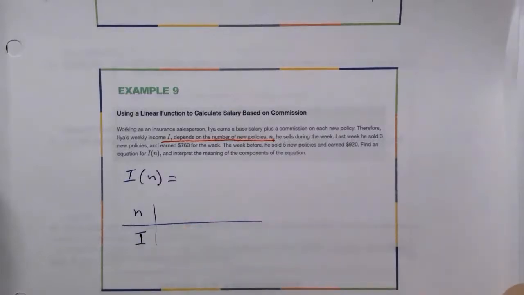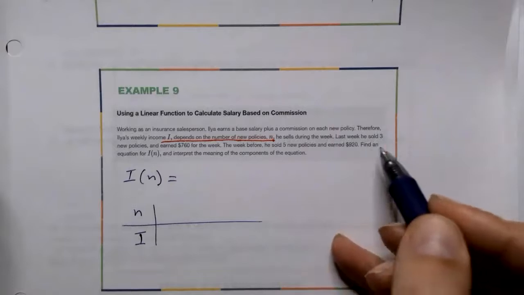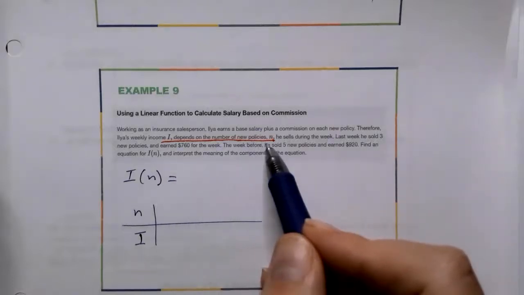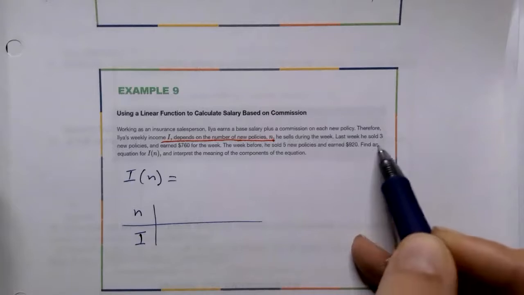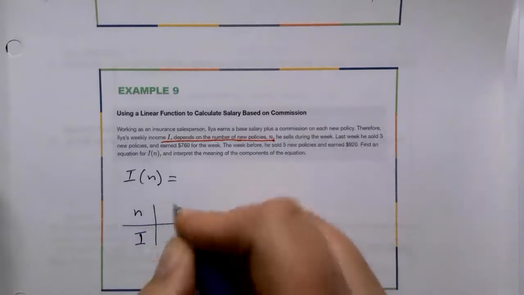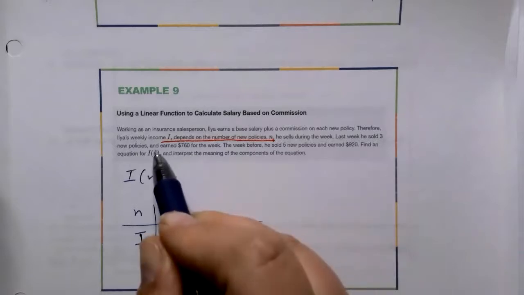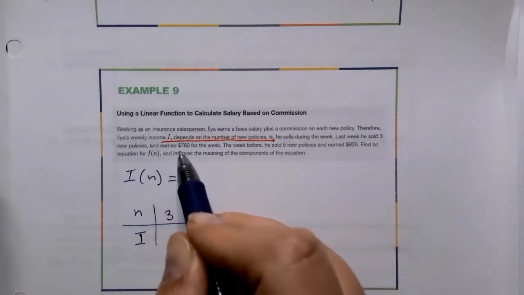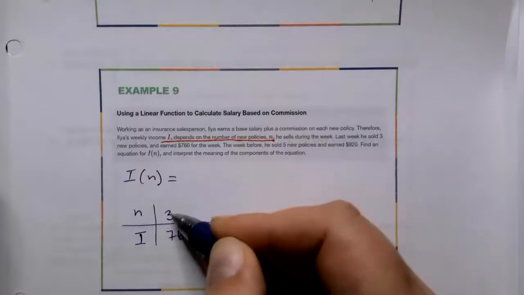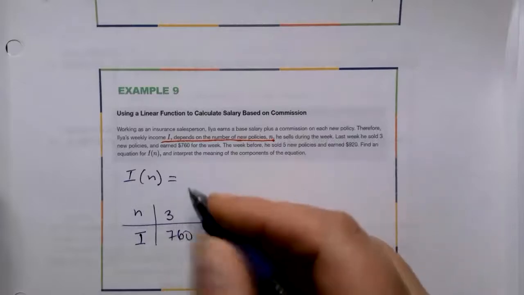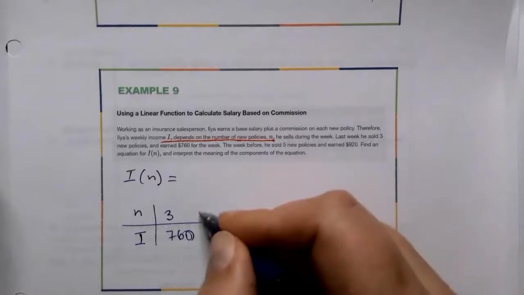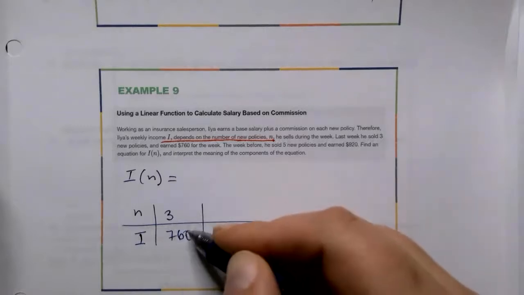Let's figure them out. n is the number of new policies, right? Last week he sold 3 new policies, so n was 3, and earned $760. So when n was 3, his earnings was 760, right?